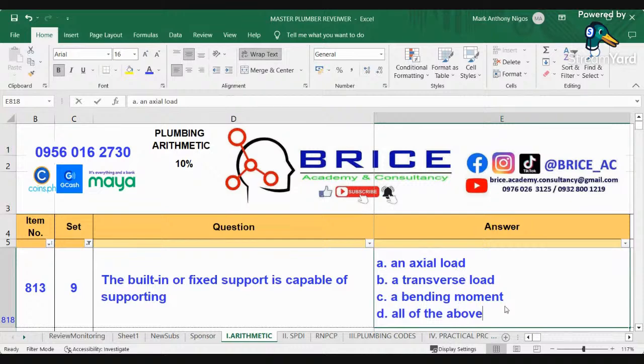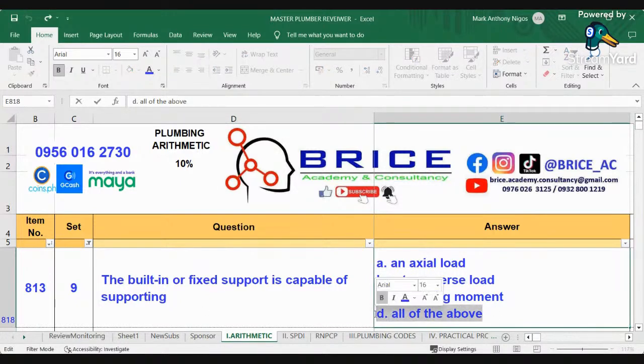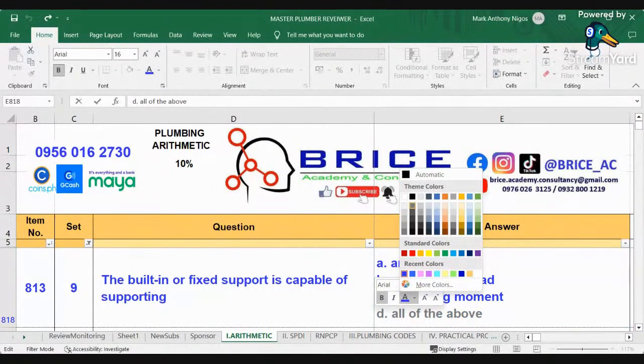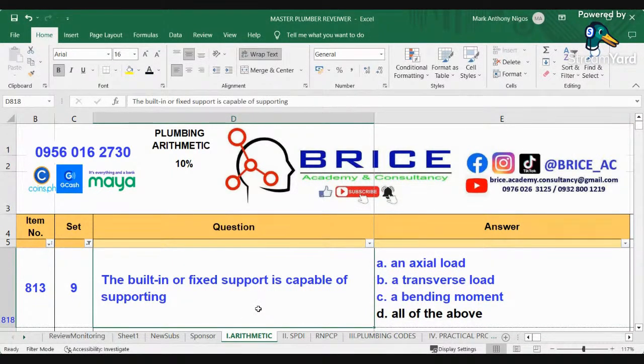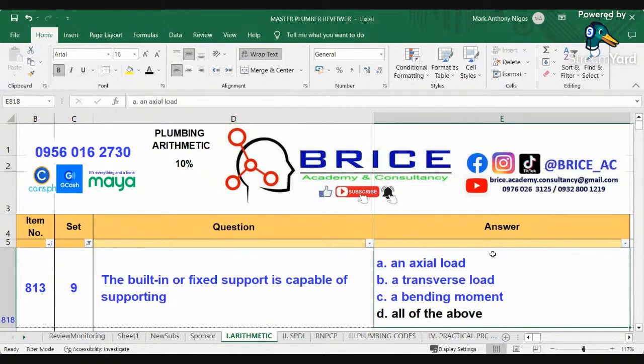Lahat yan. A built-in or fixed support is capable of supporting an axial load, a transverse load, a bending moment, or all of the above.